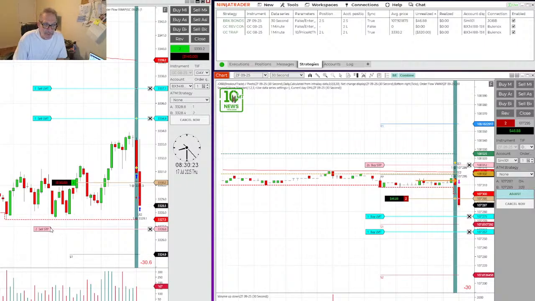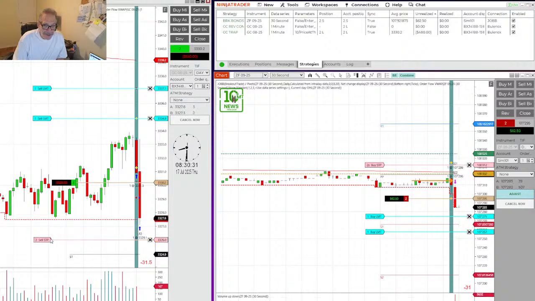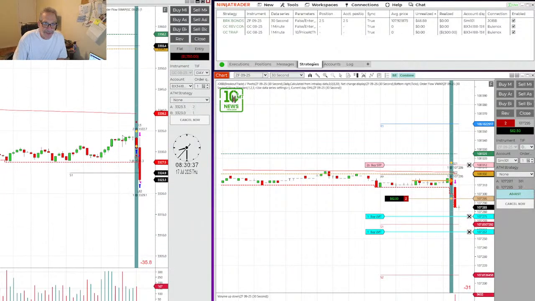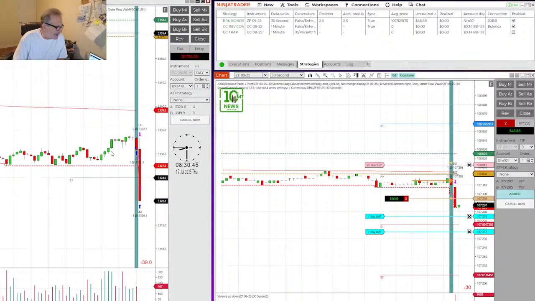I'm very worried about this test of the low. I'm expanding my stop, but I'm extremely concerned. Oh my, you can't survive a move like that. That was unsurvivable for a trap trade. It just blew through the stop. Wow, that is a shame. Not much you can do about that.